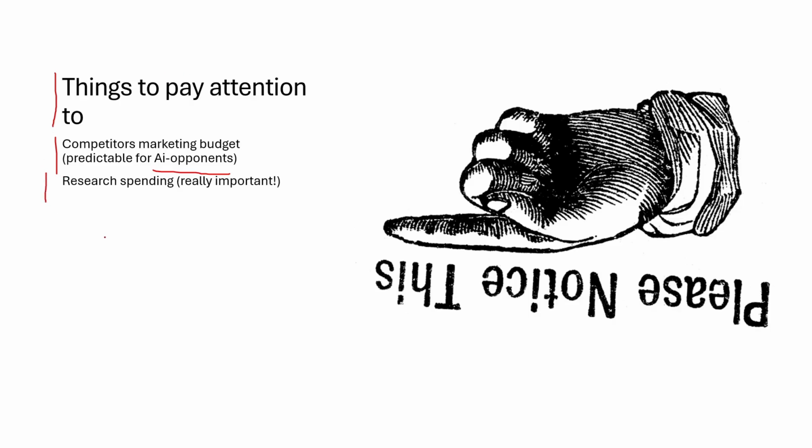Now, as for the research spending of your opponents, this one is really important for my strategy. All of the research in the game has, generally speaking, their own cost, meaning that every single research option costs a different amount.